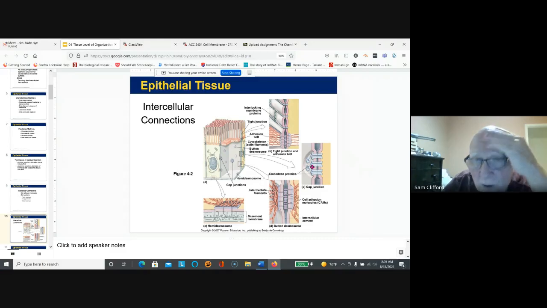These are present in the heart, and they allow electrical current to flow through the gap junctions. Just know about a tight junction. That's how cells are going to be sealed. They're going to be very tightly joined at the junction. Don't worry about these right here. So know about a gap junction and a tight junction.